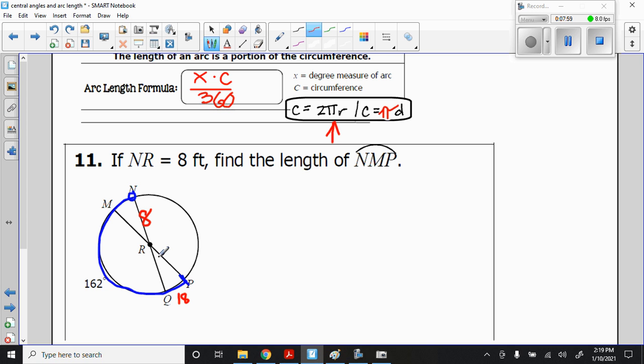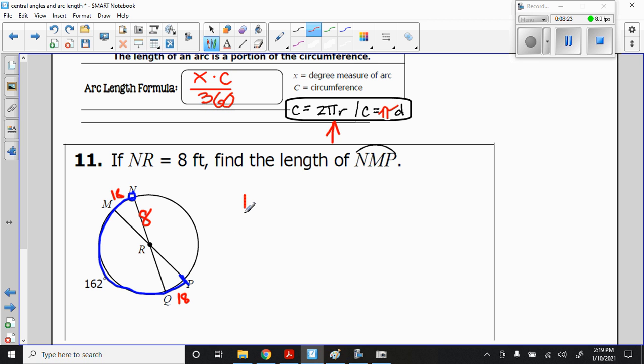So this would also be 18, this would be 18, and this length would be 18. So it looks like all of this, N to M to P, would be 18 plus 162 plus 18. And that is our X.